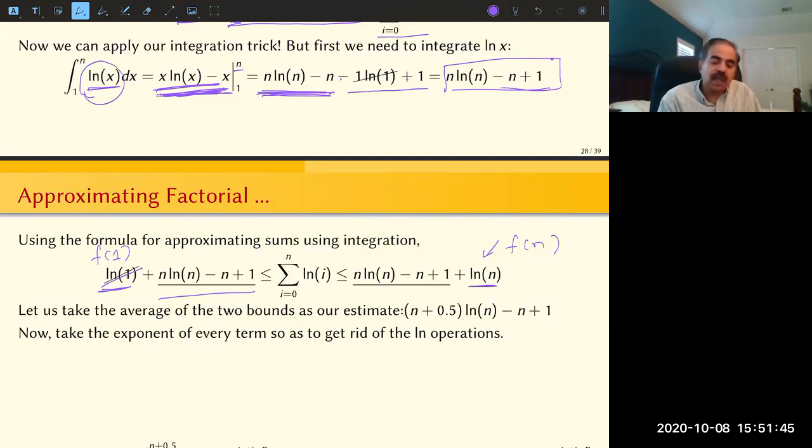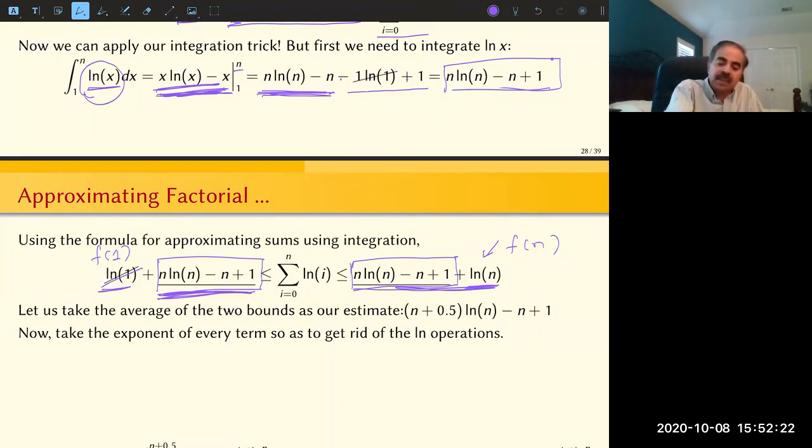Instead of trying to compute the error, let's simply take the average of the two bounds. This is the lower bound, this is the upper bound. So why don't we simply take the average as our estimate? Since this part is common in both, if you take the average, you get the common part plus half of the part that's different.